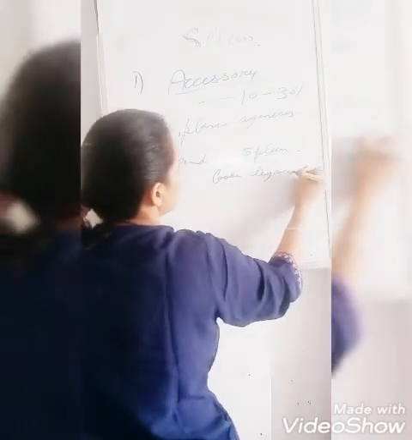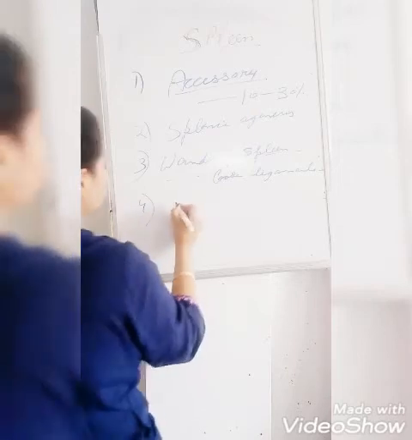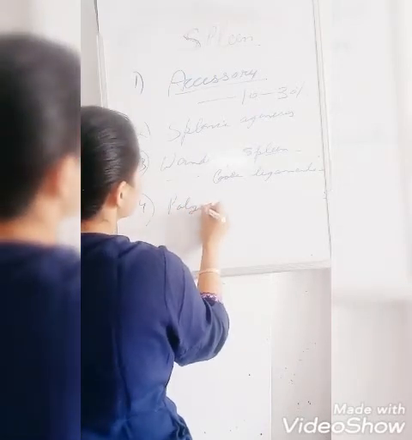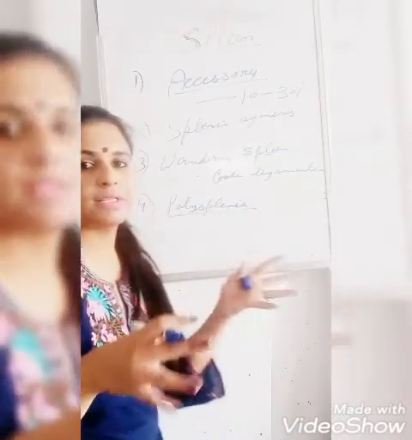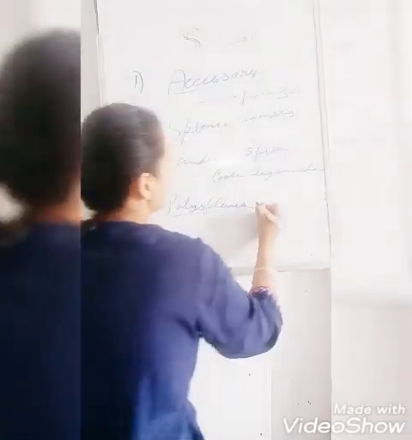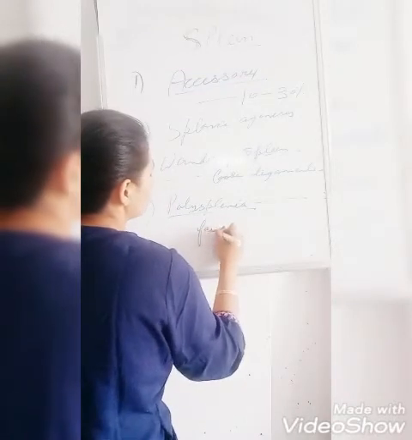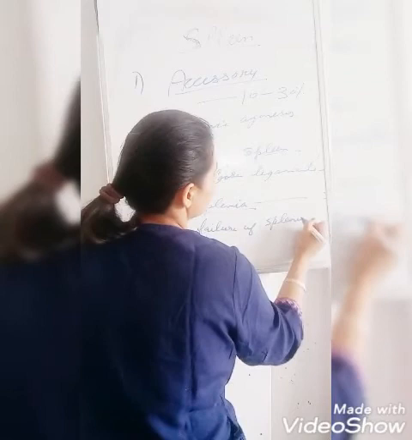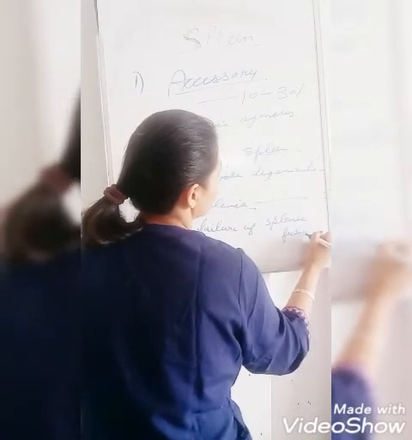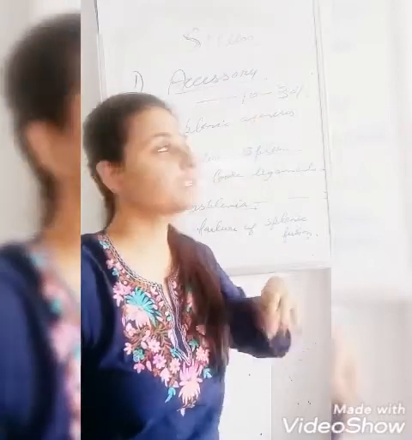Then polysplenia. Polysplenia means multiple spleens. This could be due to failure of splenic fusion. So these are the congenital abnormalities of the spleen.